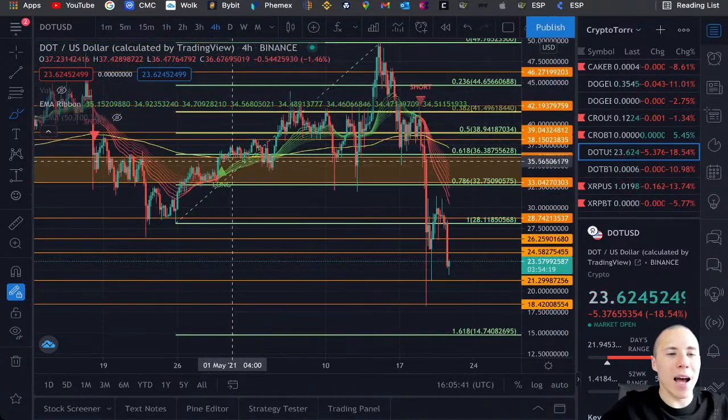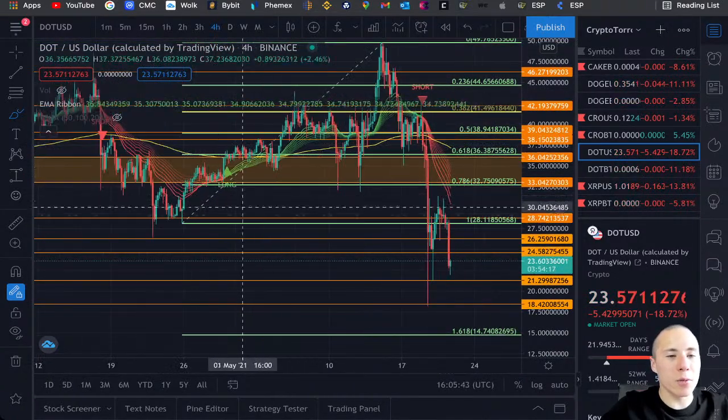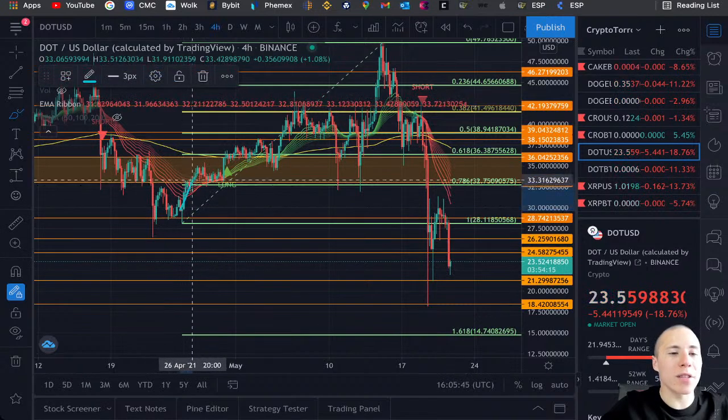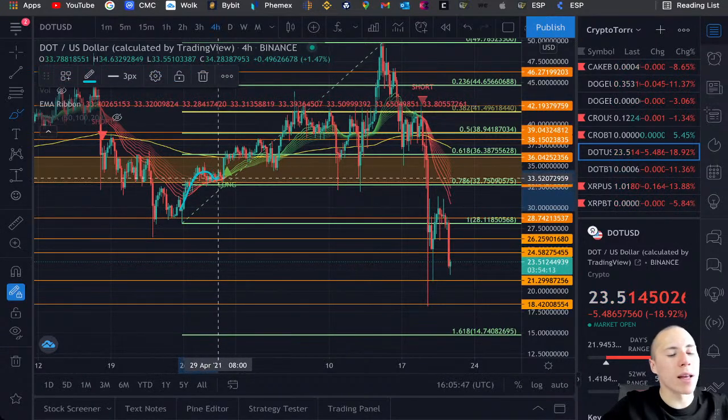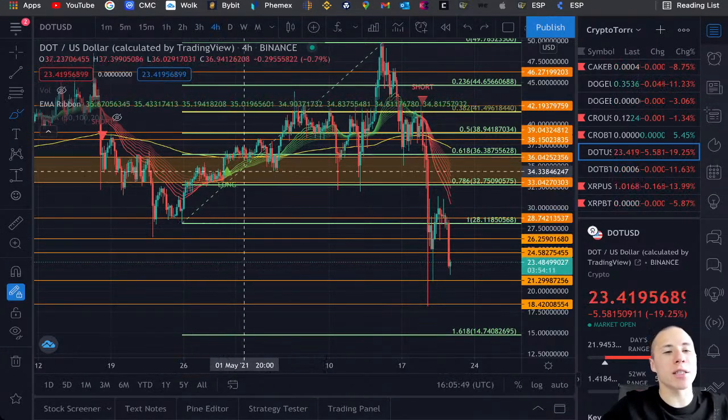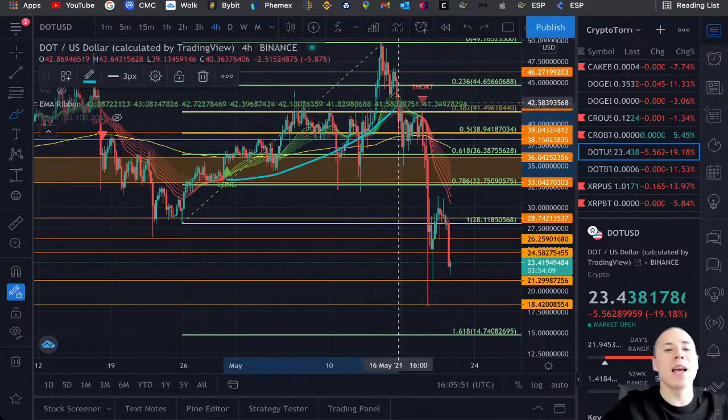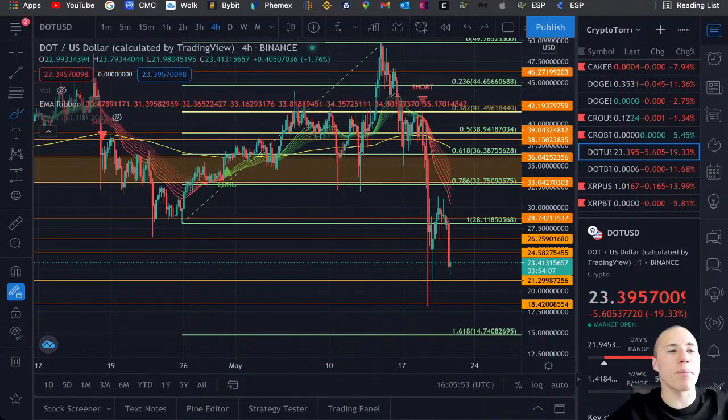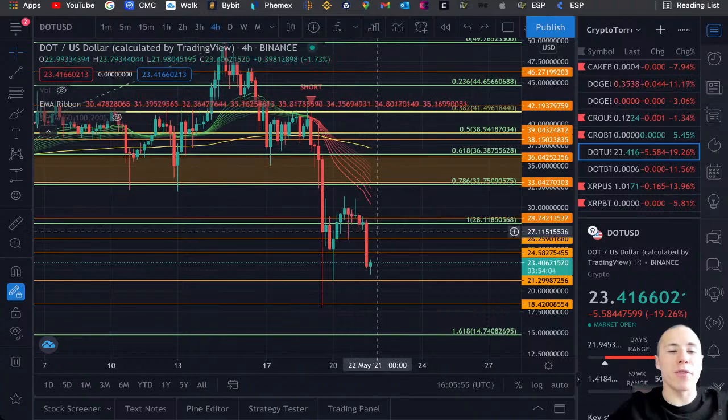And if that happens, as you could see over here, once we broke above the resistance of the EMA ribbon and found support on top of it, the longs take over the short positions, and a huge momentum towards the upside is created. So that is something I personally think would be very great to see.